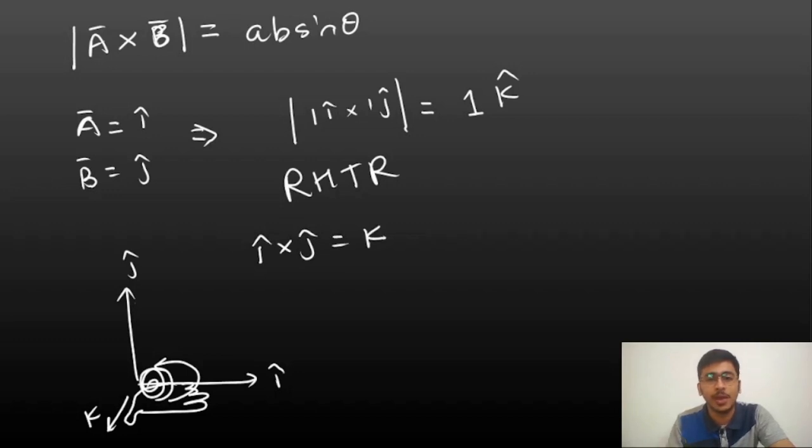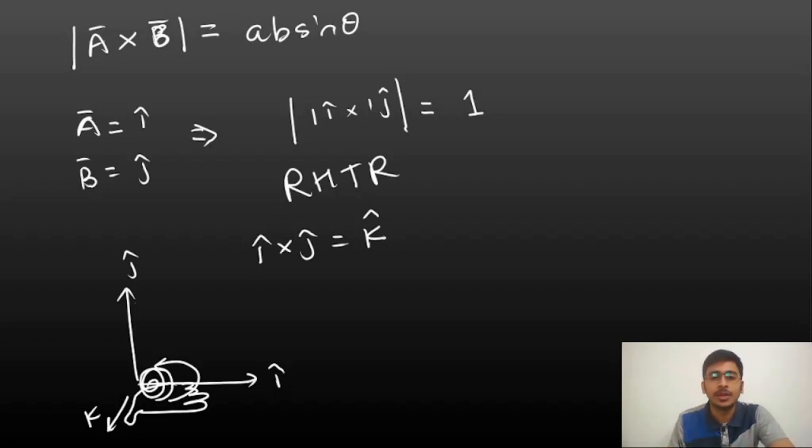So the magnitude gives us 1, but then the right hand thumb rule gives us the direction: I cap cross J cap is K cap. Similarly, you can try keeping your hand on J cap and doing J cap cross K cap. So J cap cross K cap will give you I cap.